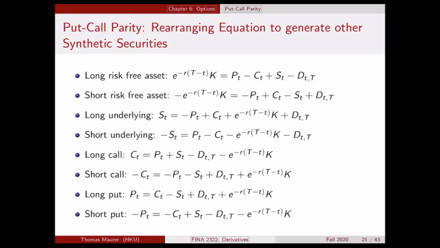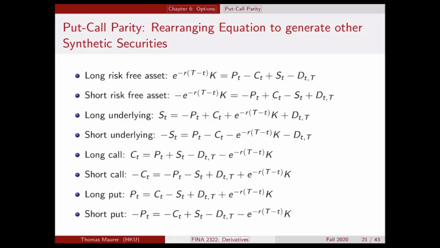Then you just reverse all these signs in the above equation, and replicating that short position in the risk-free asset, or in other words, borrowing money, could be done by taking a short position in the put, a long position in the call, short selling the underlying asset, and again, dealing with these dividends, which you have to compensate for short selling the underlying asset.